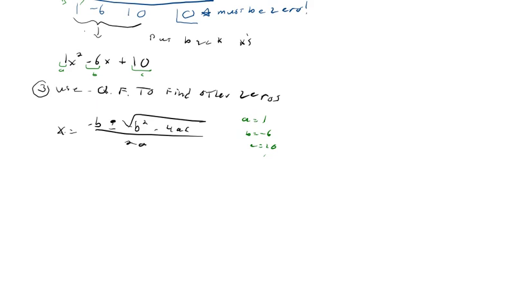Negative 6 squared minus 4 times a times c, which is 4 times 1 times 10, all of that in our square root. All of that divided by 2 times a, which is 1.